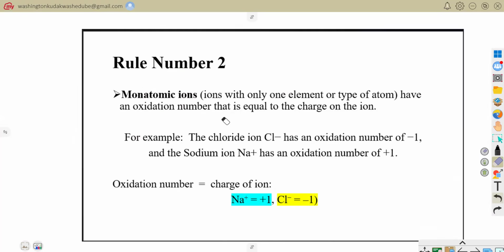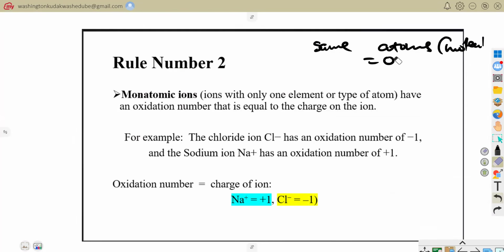Our rule number 2 says that for monoatomic ions, now look at the difference. We were looking at molecules where we only have the same atoms within a molecule, and that's when the oxidation number is zero.